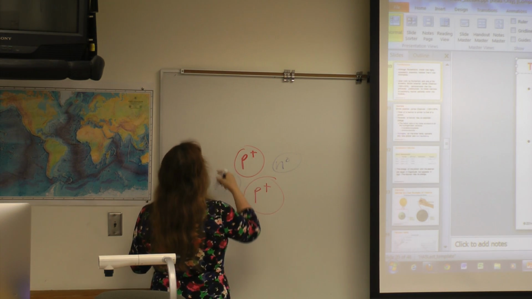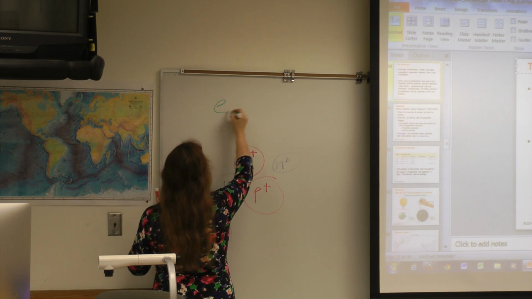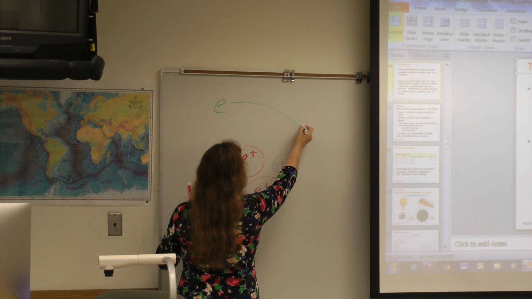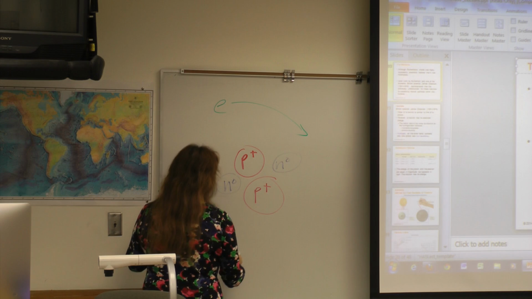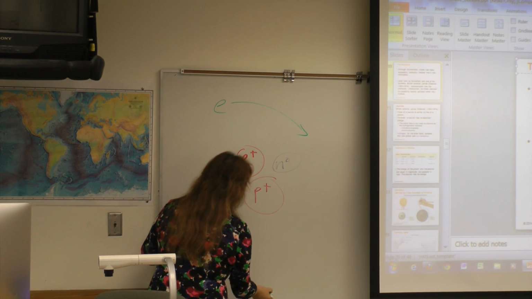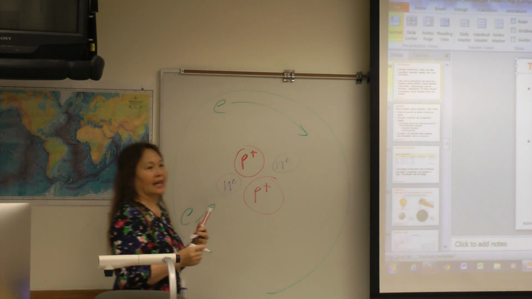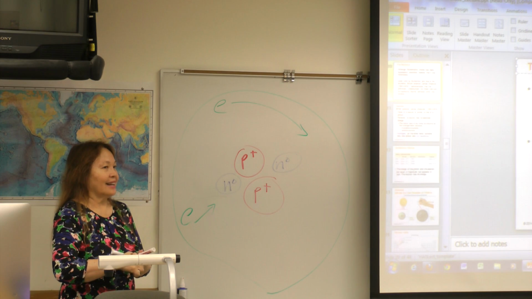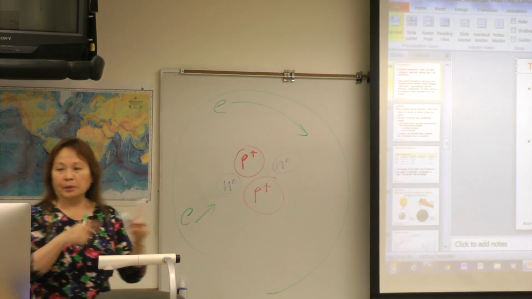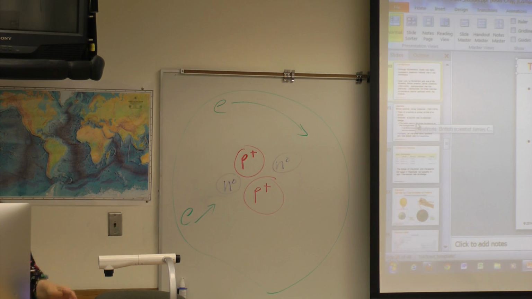And then somewhere around here are electrons. Electrons may be going that way and just orbiting the atom. But not like our solar system. No, we will learn a little bit later how the electrons are arranged in a couple more.